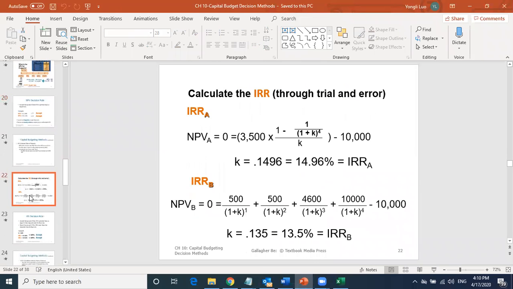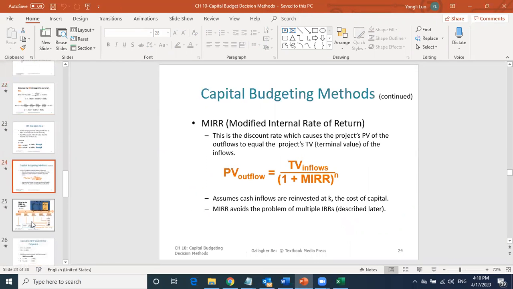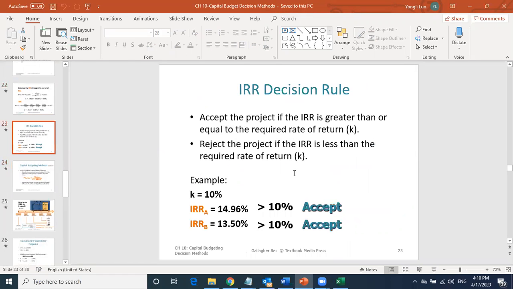If the internal rate of return is greater than the required rate of return, you accept the project. We can see for both projects the required rate of return is 10%, so you accept both projects if they are independent.